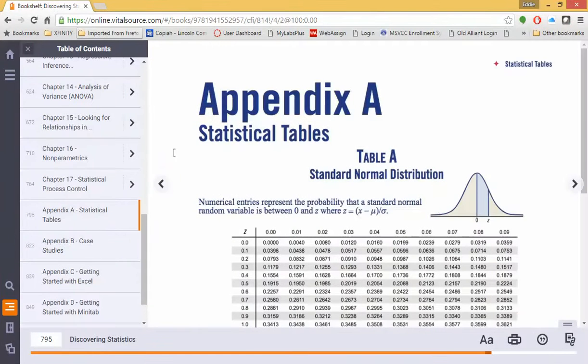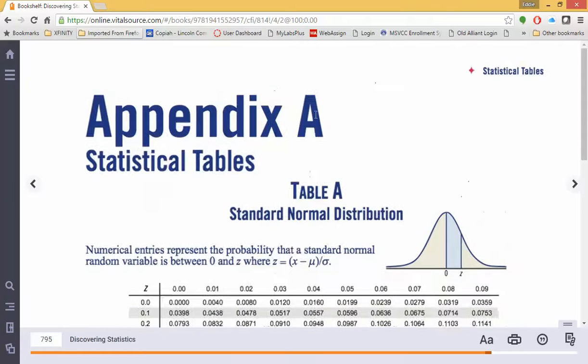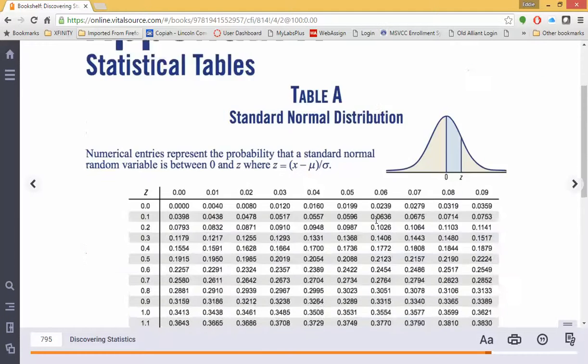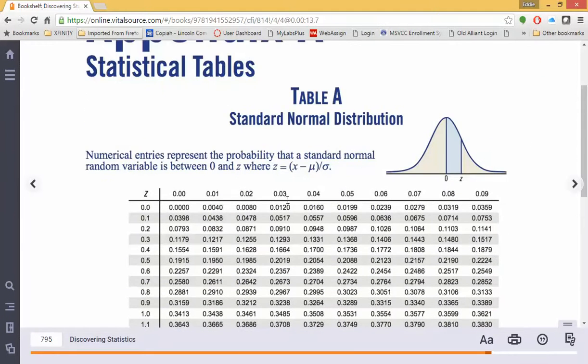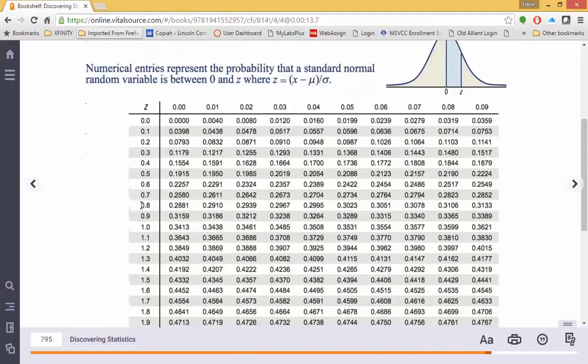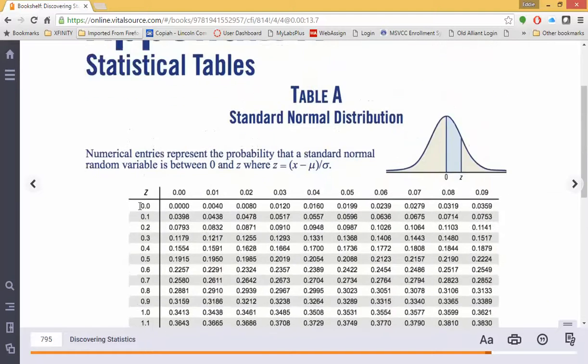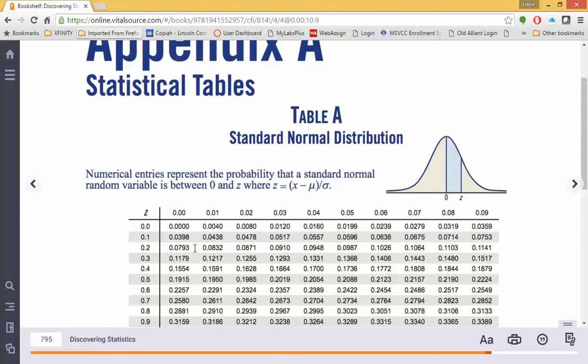All right. Appendix, this is Appendix A, Table A, starts off with positive z-scores here on the left, and the values that are given in the table are areas which correspond to an area under the curve from the middle here at 0 to the right.